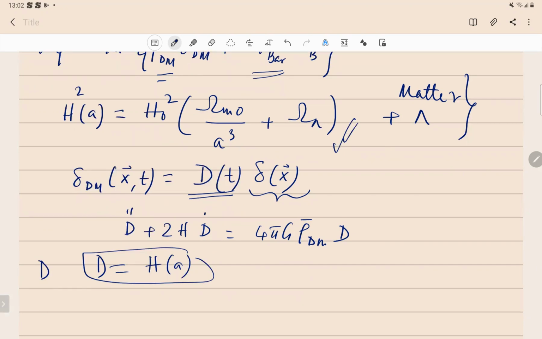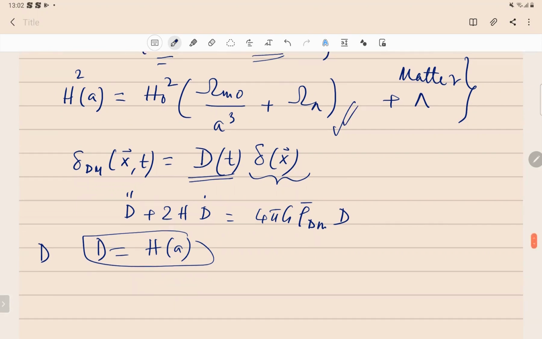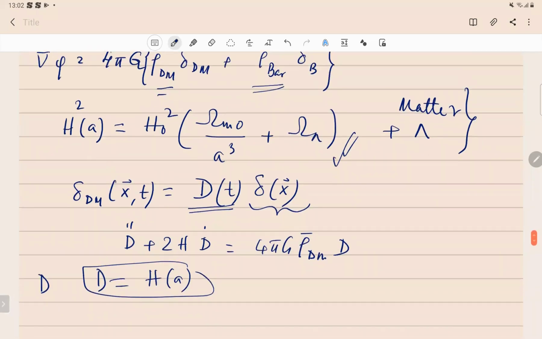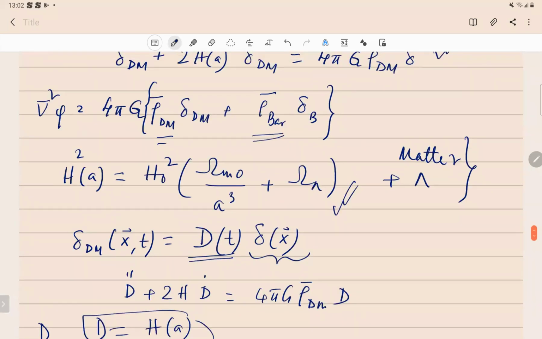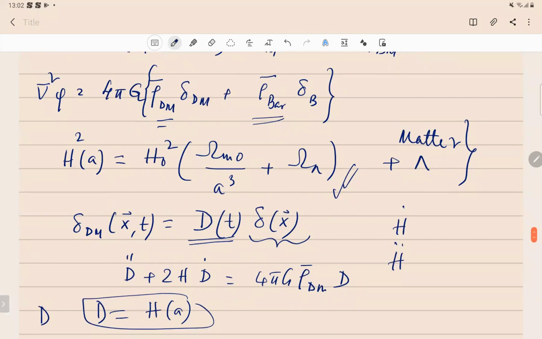If you have 1 by a to the power 4, it will not work. So for this two-component universe, d equals h of a is a solution that you can very easily verify. So just substitute h instead of d. You just have to take the derivatives, right? You have to find h dot and h double dot, and you will see that it actually satisfies this equation.